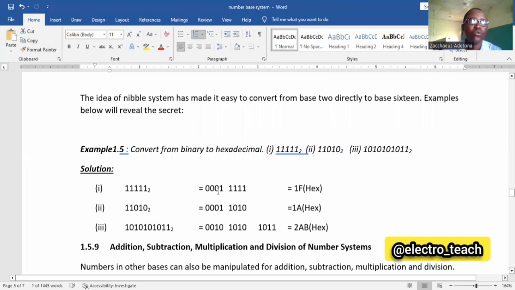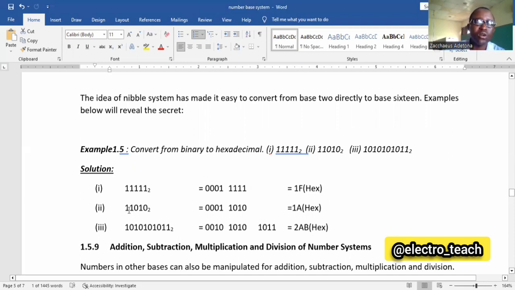Now, why do we have 1F? Because we can group this number into eight bit system. If you group it into 8-bit system, we can add 3 zeros before this number to have 0001, then 1111, everything in base 2. All right. So the first one here is a 0001, that is this one, and 1111 is F in a hexadecimal.